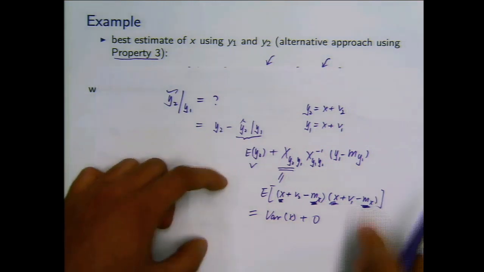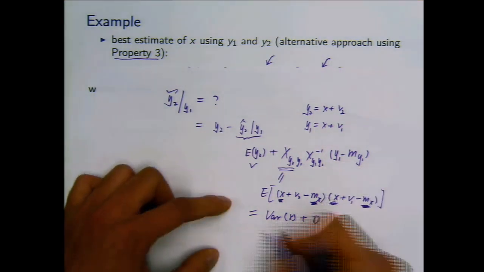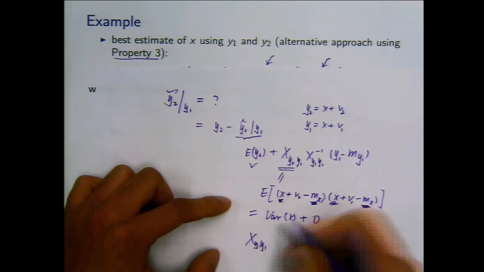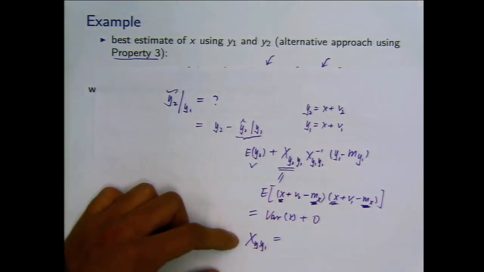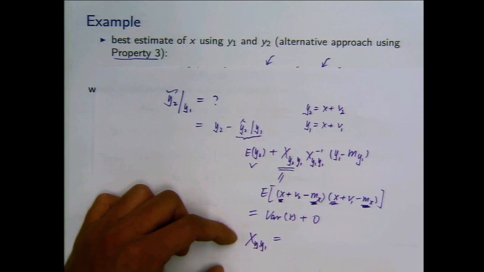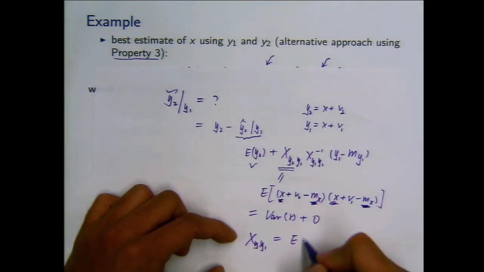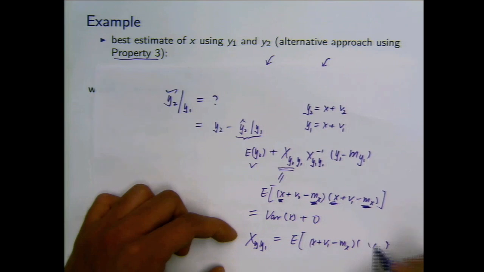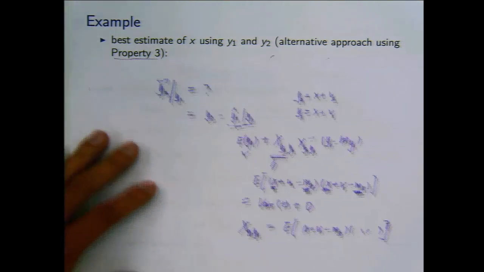Similarly, let's do one more exercise. What about the cross covariance of x and y1? What does this equal to? It's x plus v1 minus mx, and then its own transpose. No, there's no transpose because it's a scalar case.